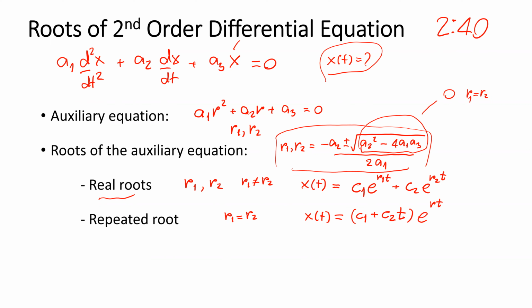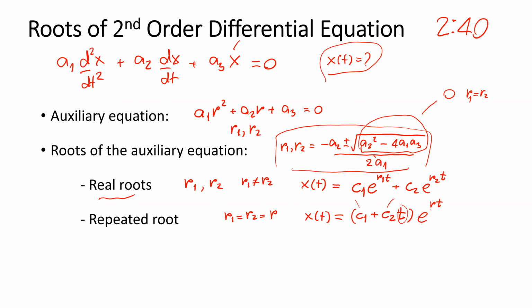R1 and R2 are the same and equal to r, right? So for the repeated root, we still have two constants. The second constant will multiply by t, and we have e power rt.